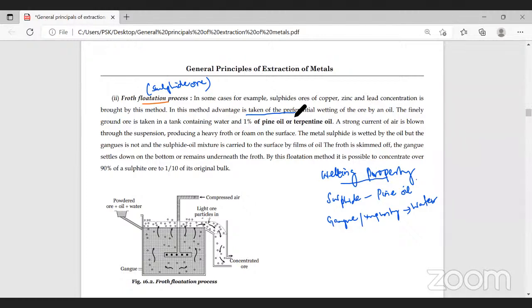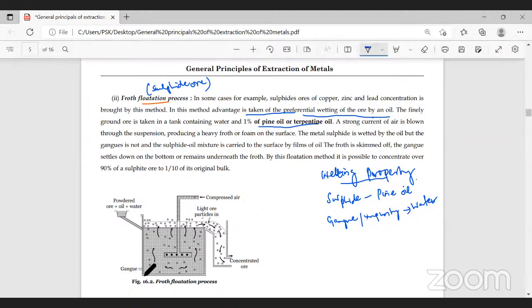Finely ground ore is taken in the tank. See, this is finely powdered ore taken in the tank containing water. 1% of pine oil or turpentine oil is added. So this tank contains a finely powdered ore. Along with this, we have a pine oil or turpentine oil.